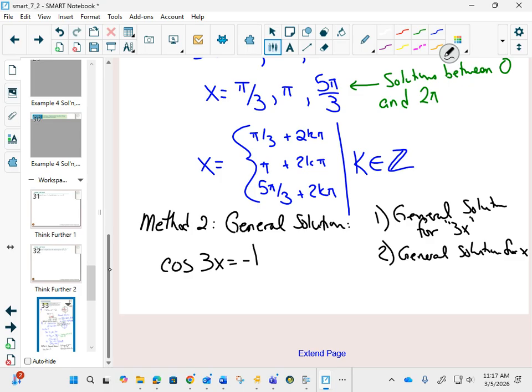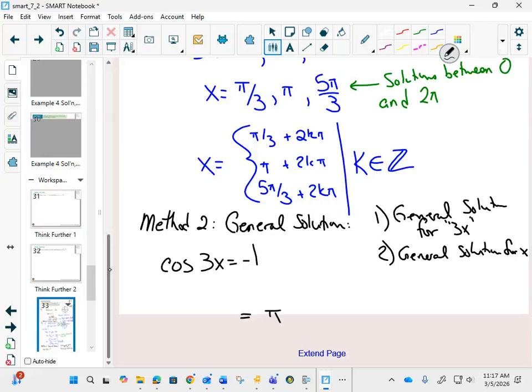So we have cos 3x equals -1. If it asked us for a regular general solution, if it was just cos theta equals -1, what would you do? You would say, well, I'm going to solve between 0 and 2 pi. How many times do we have -1 between 0 and 2 pi? Only once. It happens at pi.